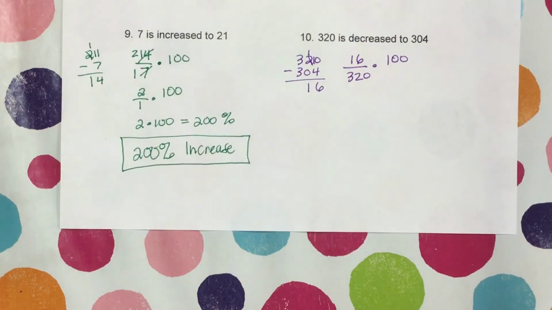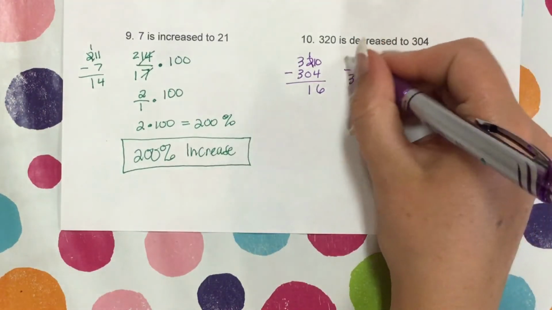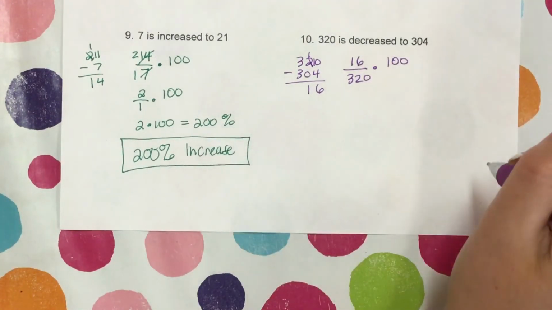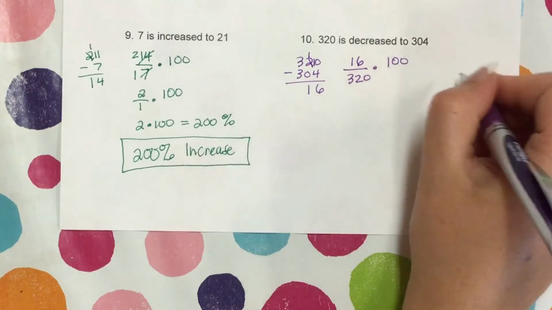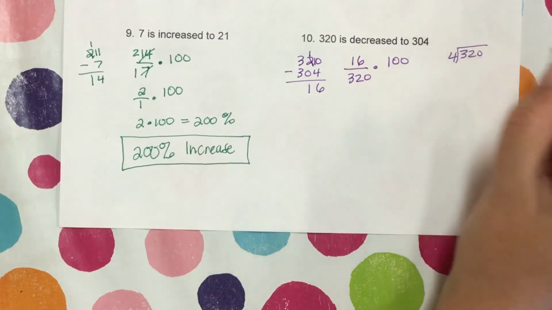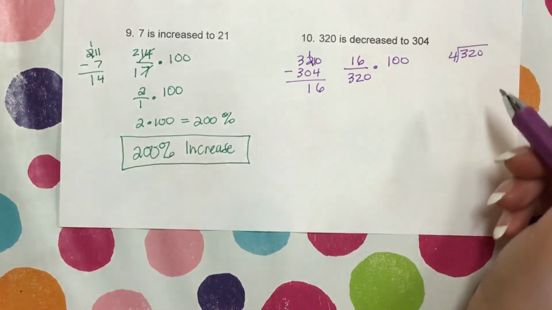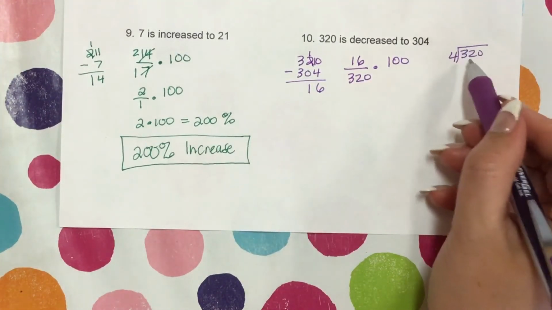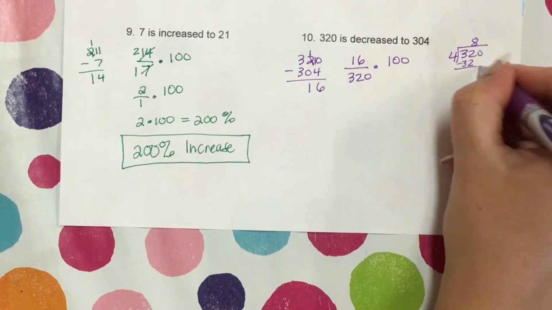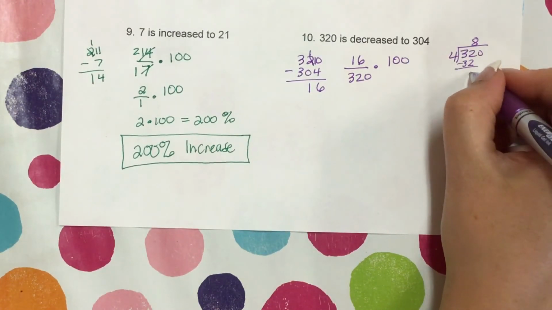Okay, perfect. So let's look to reduce this first. I bet you that 4 goes into both of those, but I need to figure that out. How many times does 4 go into 320? 4 does not go into 3, but 4 does go into 32, and it goes in 8 times. 8 times 4 is 32. 32 take away 32 is 0.